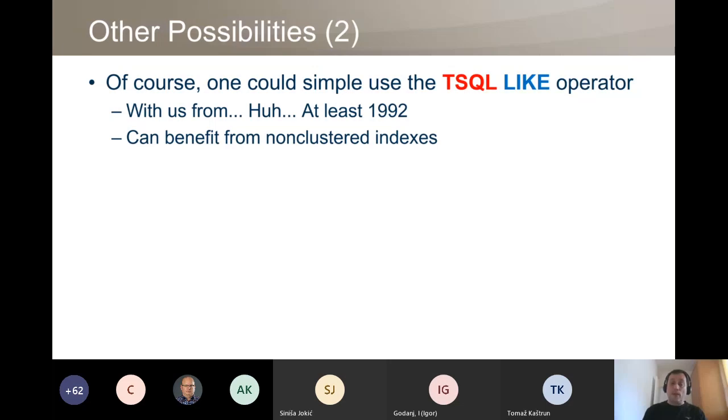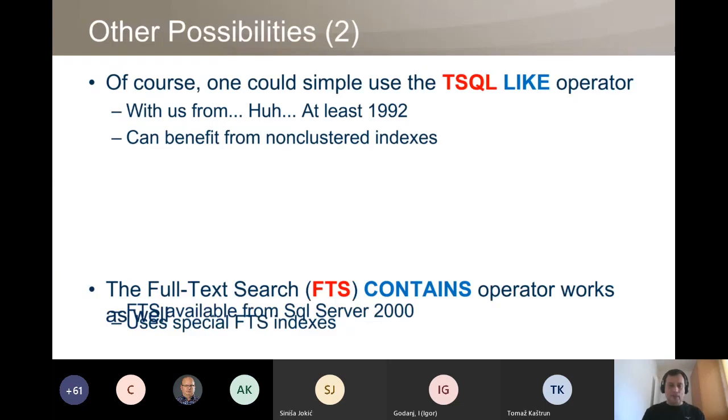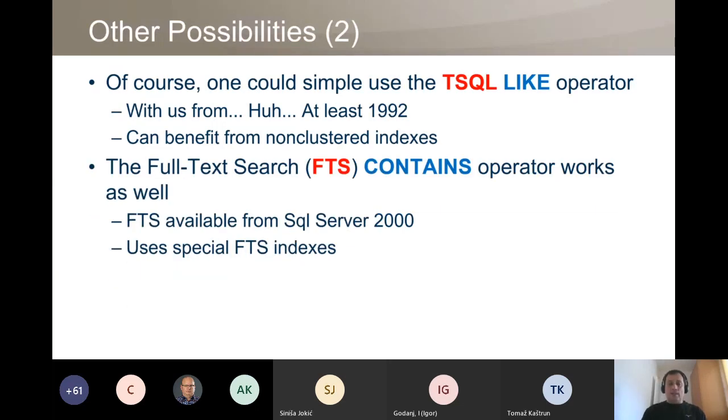And yes, it's with us at least from 1992. This is the first time I remember it, in SQL 4.2. However, I started this presentation, let's say, with SQL 2000 to have 20 years of development. If I would start with 1992, probably half of you were not even born at that time. And on top of it, in SQL 2000, we also got full text search, a good implementation.